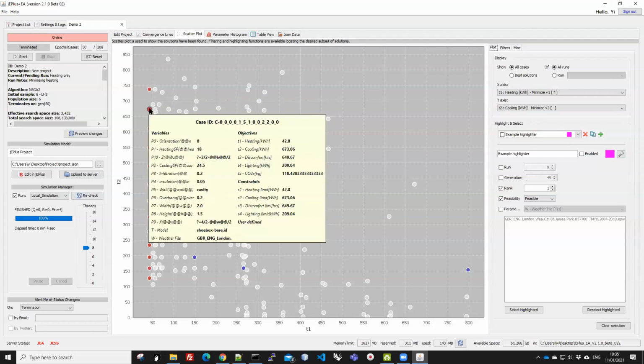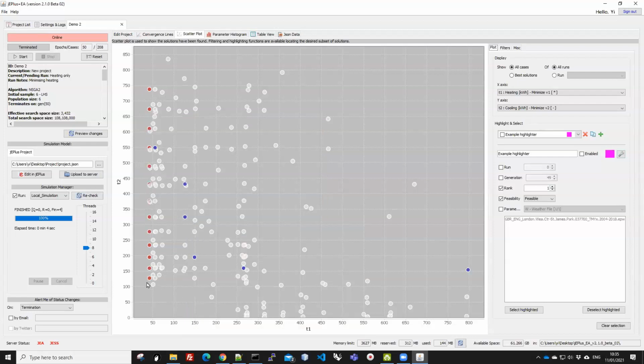Now, if you go to the next one, it has the same annual heating consumption. And again, you see the orientation is 0 and the heating set point is 18. That's exactly what we expect. But the cooling set point has increased a bit, to 24.5.